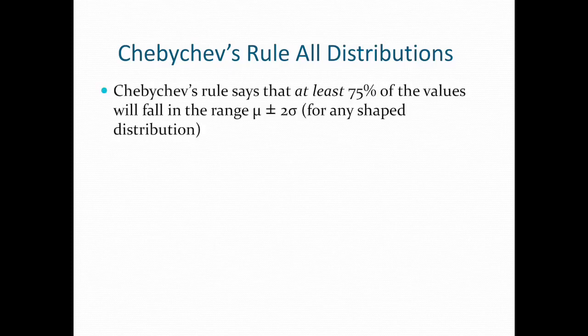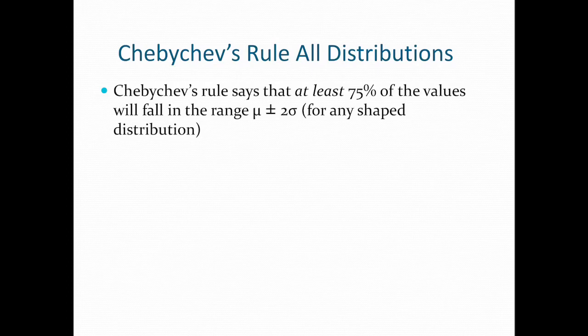Chebyshev's rule for all distributions states that at least 75% of the values will fall in the range of the mean plus or minus 2 standard deviations for any shape of distribution. So remember, the 68, 95, 99.7 rule is only for normal distributions. However, if you have a different type of distribution, we can follow Chebyshev's rule.